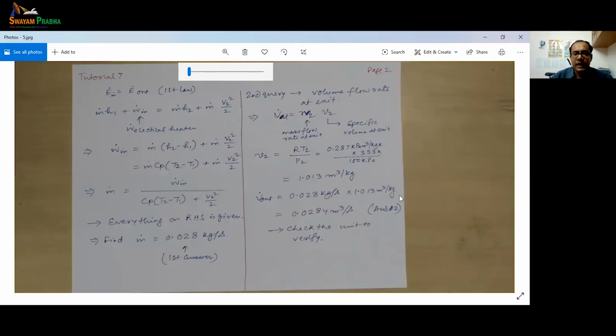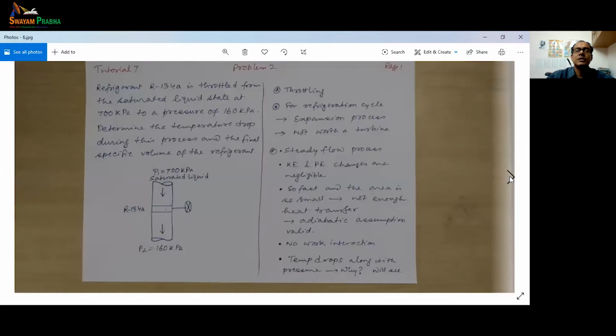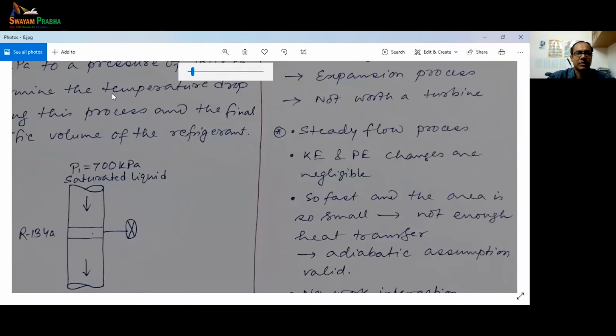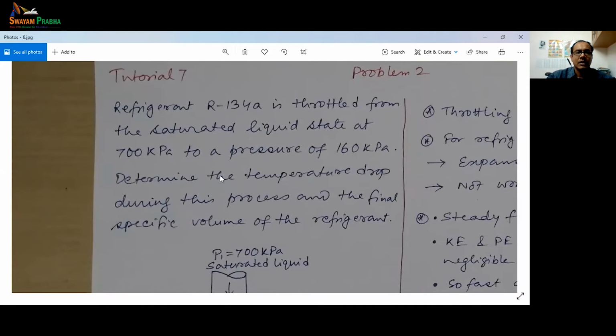Okay, so fine, that's the first problem we solved, and the next problem we'll solve will also be from chapter 5, that means control volume analysis. So what is the next problem? Refrigerant R134A is throttled from the saturated liquid state. I'll come to the detail of what we mean by throttled, but let me just read it out first.